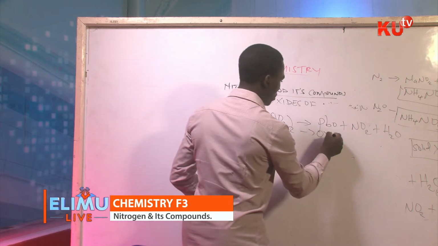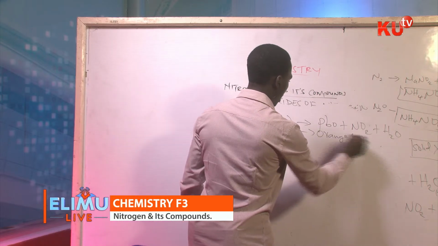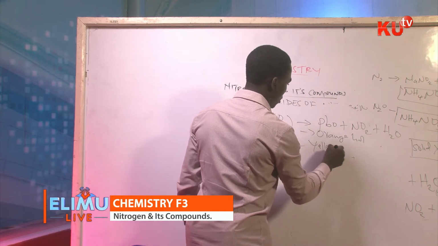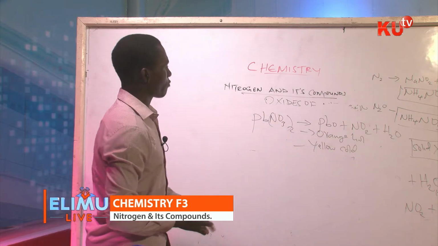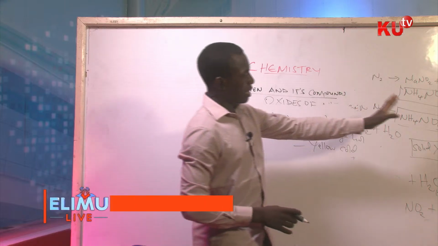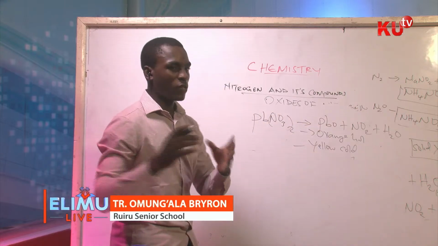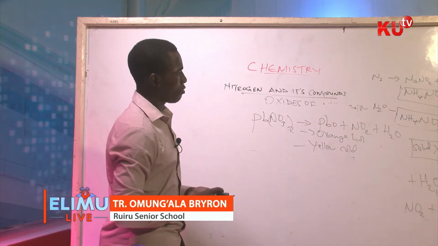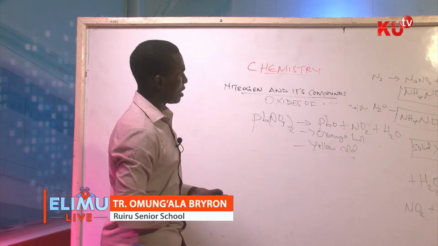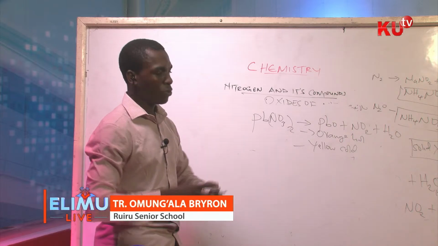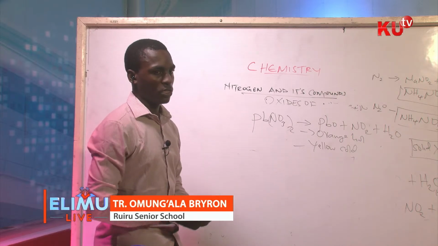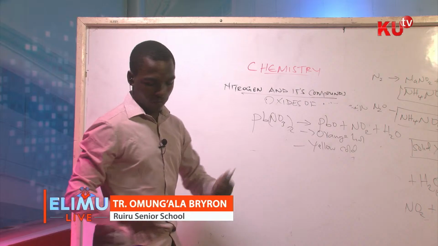It's orange when hot and yellow when cold. So apart from reacting copper with concentrated nitric acid, we can also obtain nitrogen 4 oxide by thermal decomposition of those metal nitrates whose metals are below sodium in the reactivity series, just as we have shown above.